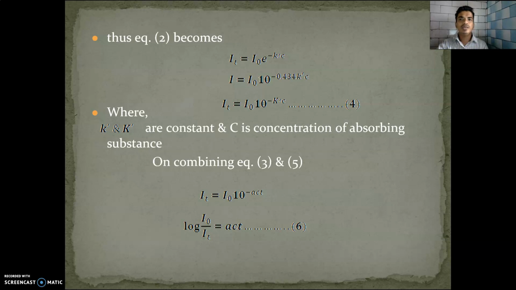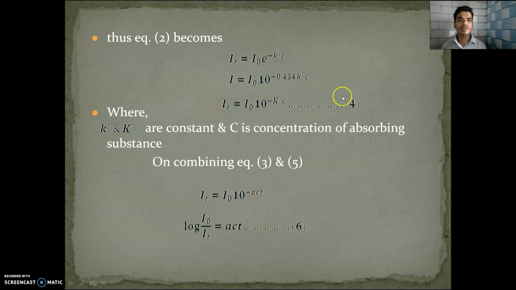So equation 2 becomes It is equal to I0 e raised to minus K dash c, so It is equal to I0 10 raised to minus 0.434 K dash c, and It is equal to I0 10 raised to minus K dash c.